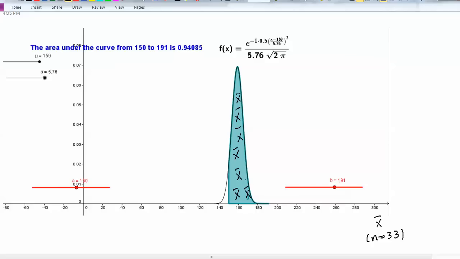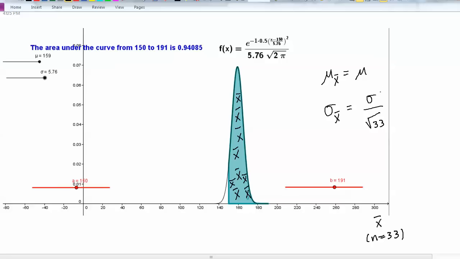And they're creating this distribution where the mean of this equals the original population mean, and the standard deviation of this equals the population's standard deviation divided by the square root of 33, square root of n.